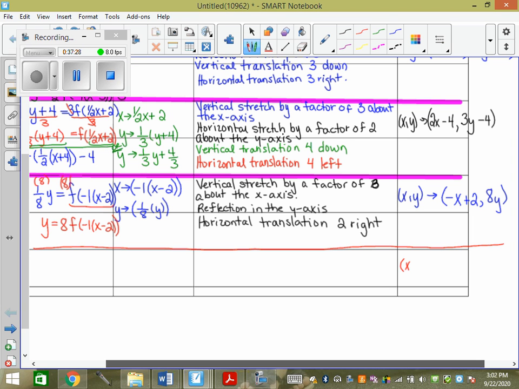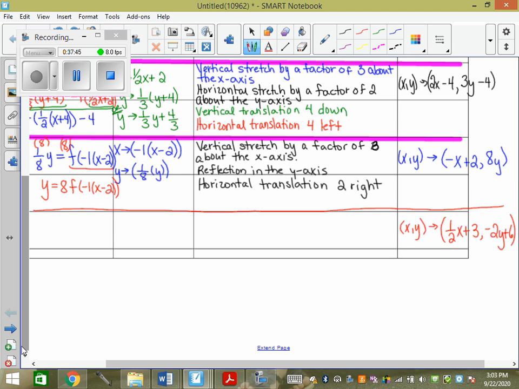So if I give you xy becomes 1/2 x plus 3 bracket -2y plus 6. I'm making it hardcore. So say that's my mapping. What I want to drill home is how to do your replacement. Mapping to replacement is really easy.